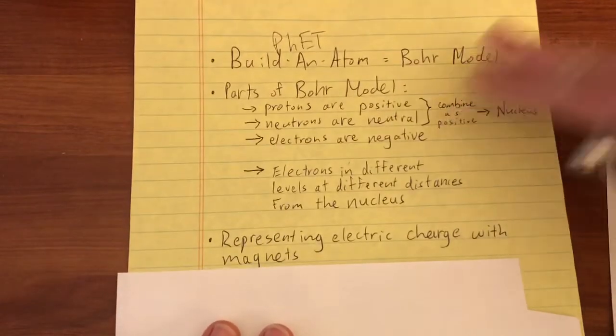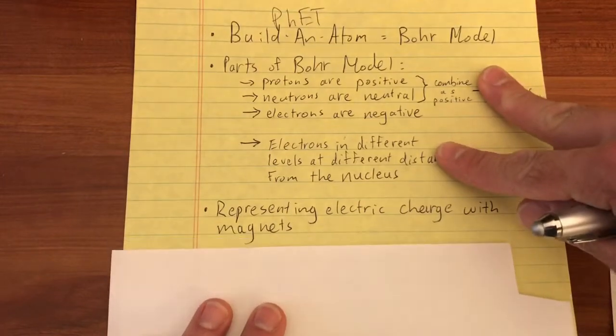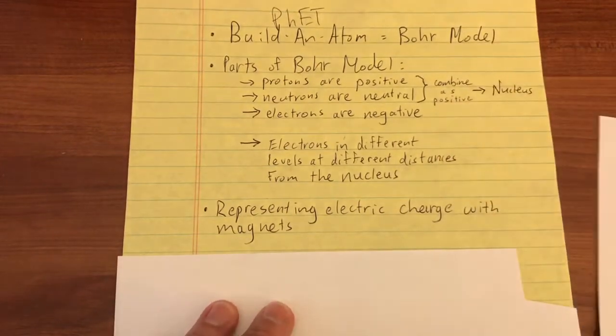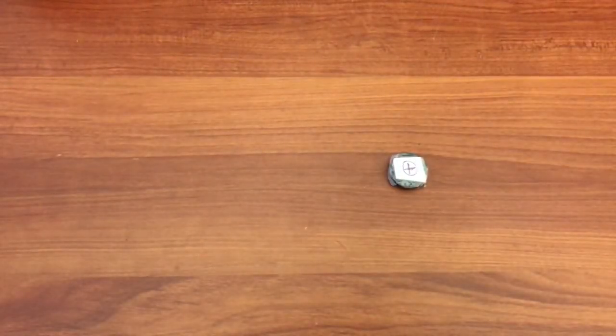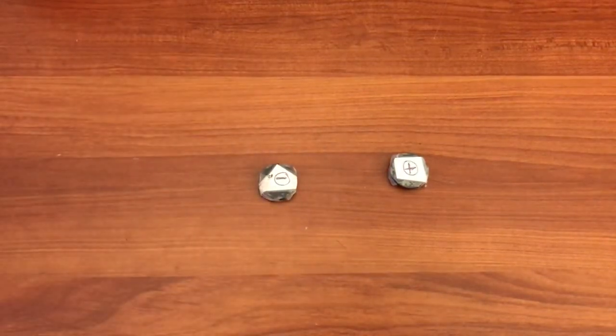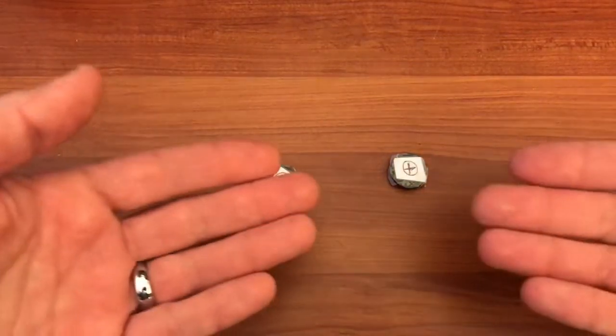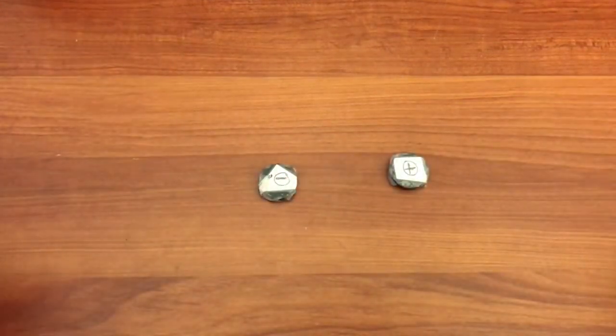Now, representing an electric charge with magnets. I've got some actual, honest-to-goodness magnets. Got a magnet that has a little positive sign, and a magnet that has a little negative sign. Attraction is when objects are pulled together, and repulsion is when they push each other apart.